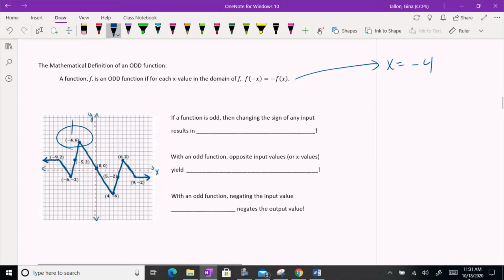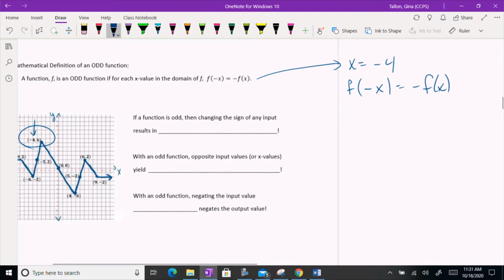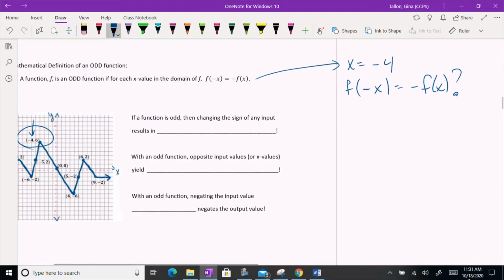I'm going to say f of negative x equals negative f of x, and let's see if this is true. The first thing I'm going to do is negate my x. So this is going to be 4, the opposite of x, if x is -4. And this should be the opposite of f of -4, sorry.